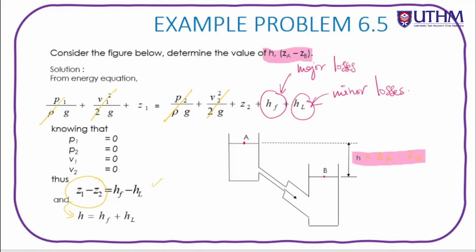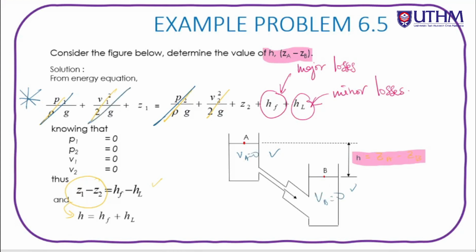Firstly, as usual, we start from the energy equation or the Bernoulli equation, and then simplify as much as we can. Based on these two conditions, both are atmospheric, PA and PB, so P1 cancels out, P2 cancels out. Since both are in a tank or big reservoir, we can consider VA equals 0, VB equals 0.